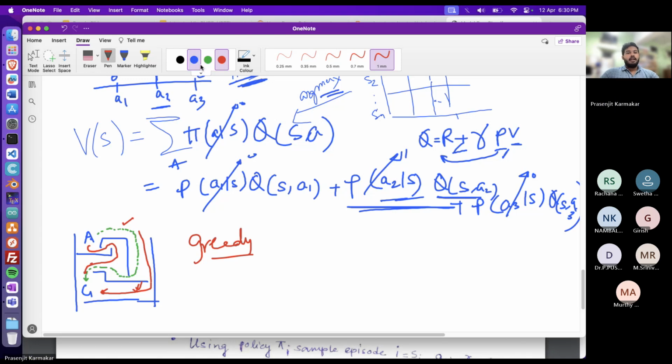Now, what is our dilemma? In the case of a model-free environment, we don't know anything about all the states. We only know whatever we currently explore or experience. So there is this concept called exploit or explore.